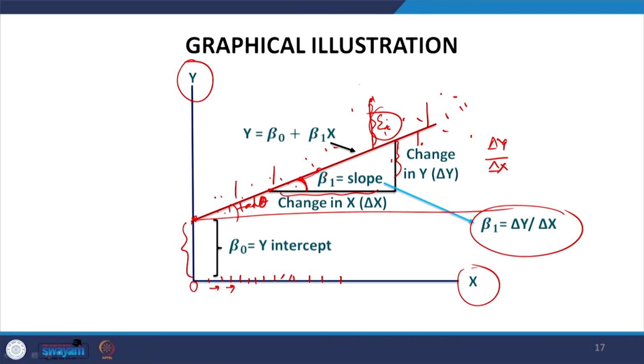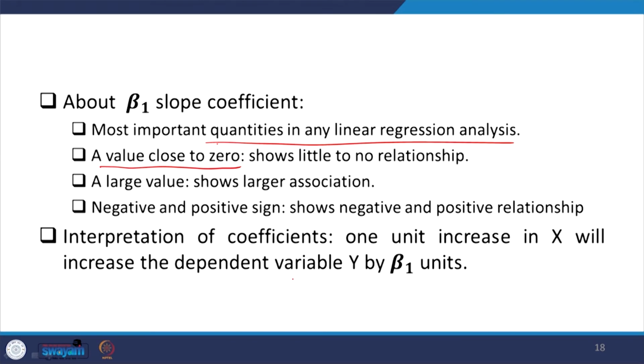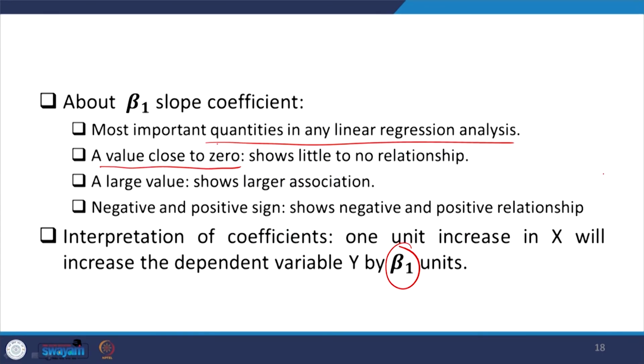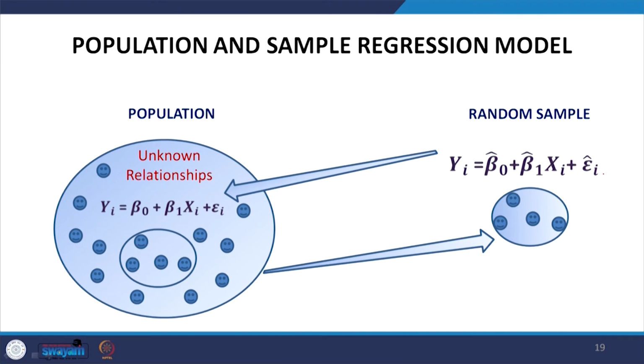Every one unit change, what is the impact on the dependent variable, can be explained, and that is explained by beta 1, because that is the slope we have already clarified. Now, coming to the population: so far we have been explaining the population parameters. We now have to explain the sample statistics. In the case of parameters we refer to the population, and for statistics we refer to the sample.